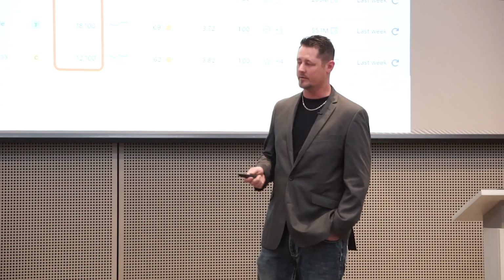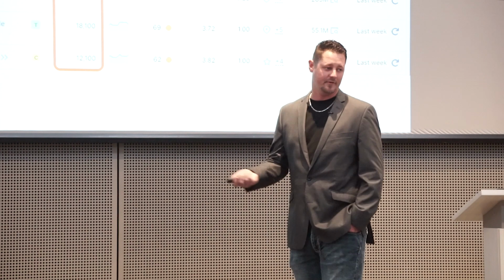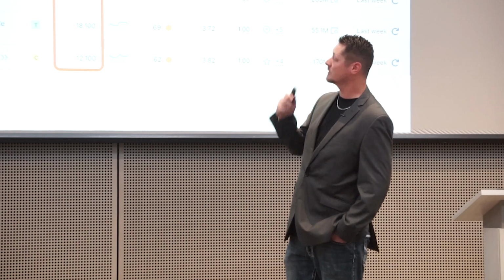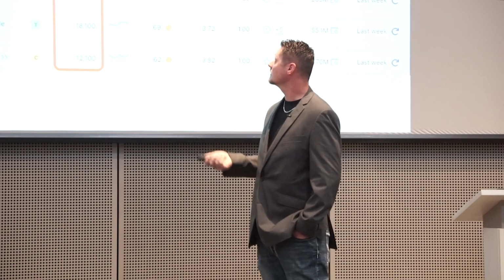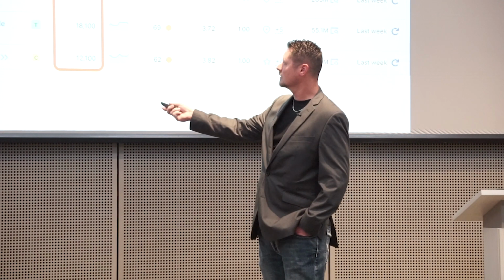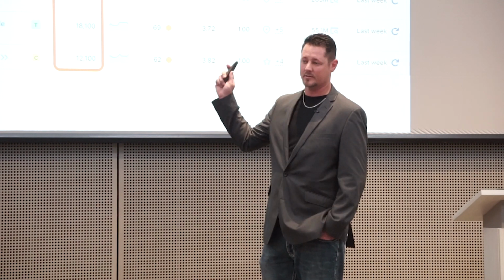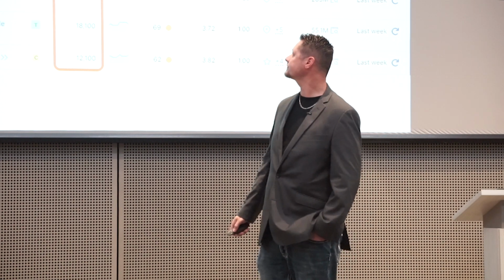So it goes back to the fishing. Would you rather fish in a pond with 200,000 or 18,000? Well, I'd like to get more impressions and more views. I'm going to put solar panels on my page. But you can support that page and that keyword with these semantically aligned terms.